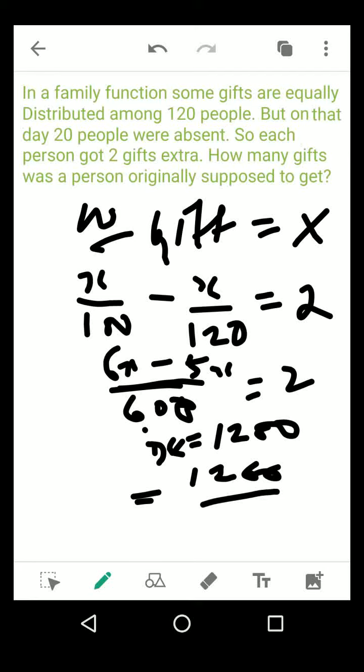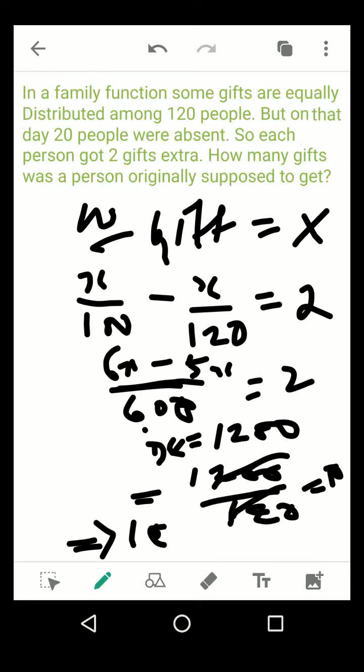Originally there were 120 people, not 100 people, since 20 people are absent. So 1200 by 120 is 10. The answer is 10 gifts. Originally they will get 10 gifts.